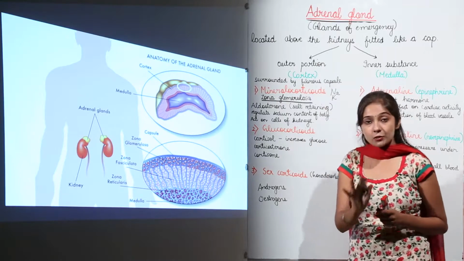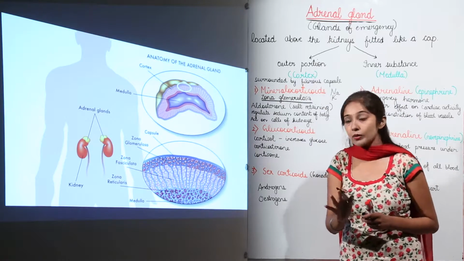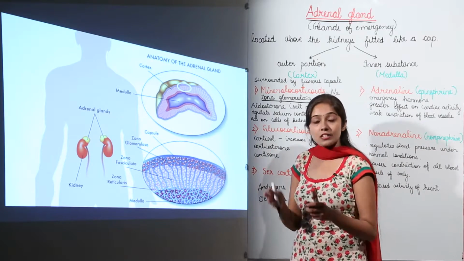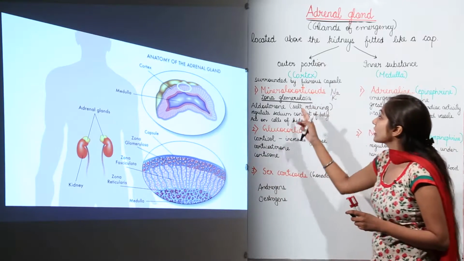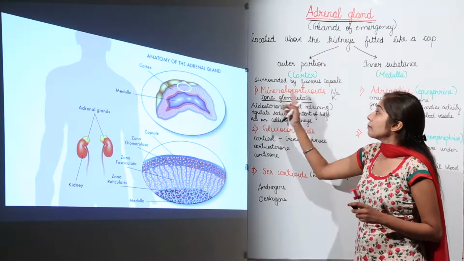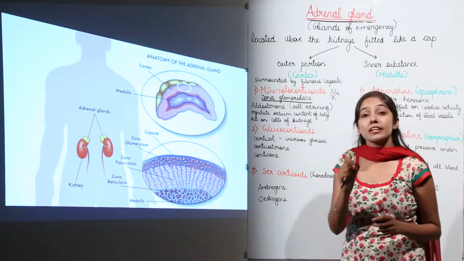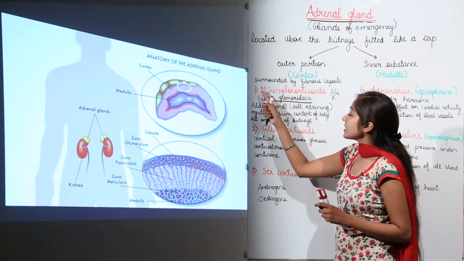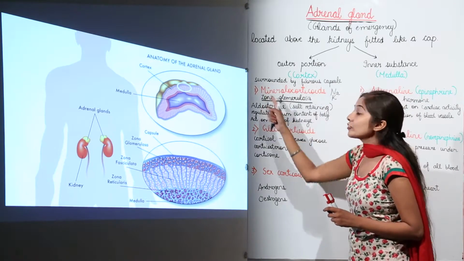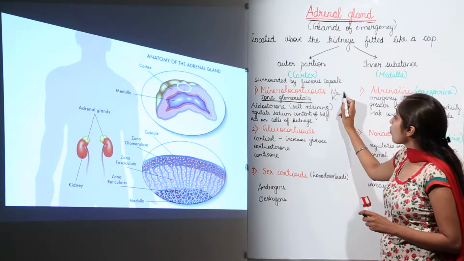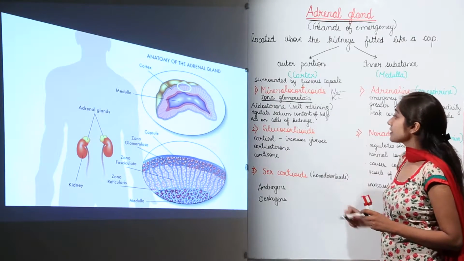So be very clear that the first zone, the zona glomerulosa, has cells that secrete mineralocorticoids, which affect mineral metabolism, and here we talk about sodium and potassium, right?